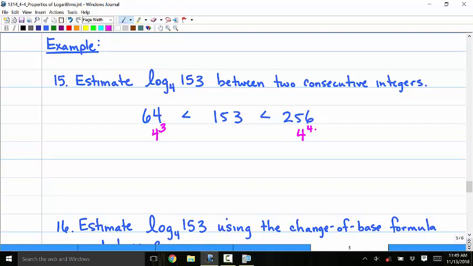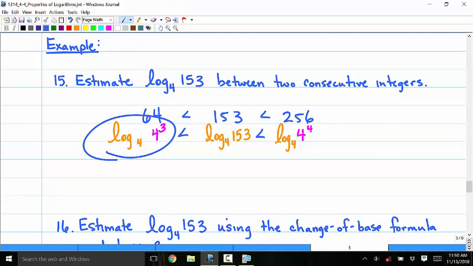You agree? Yes. So now if I take log base 4 of 4 cubed, log base 4 of 153, and log base 4 of 4 to the 4th, what is this? Log base 4 of 4 cubed is 3.